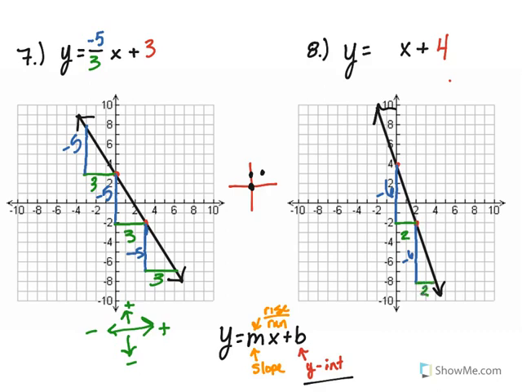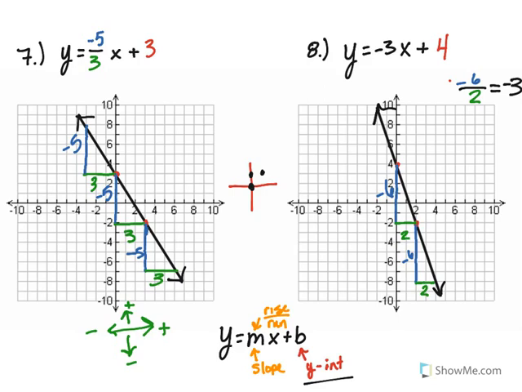I want to point something else out, because -6/2 is what we have for our slope. -6/2 is just -3, or -3/1. So -3. We can actually fill that in with -3 here.